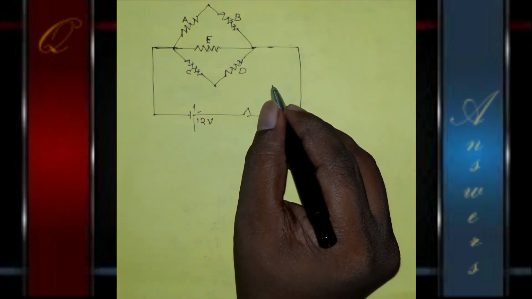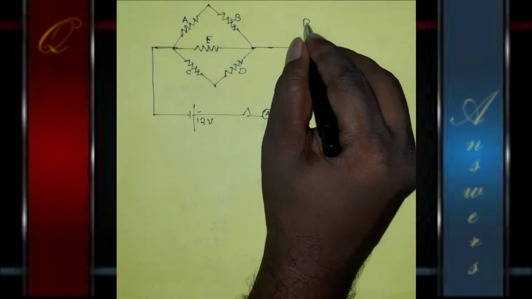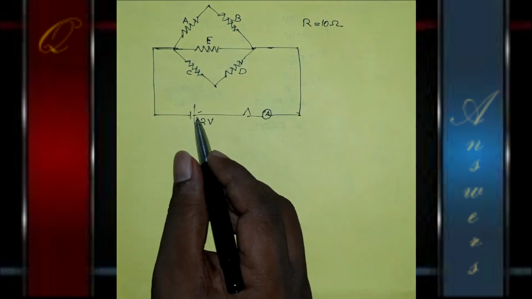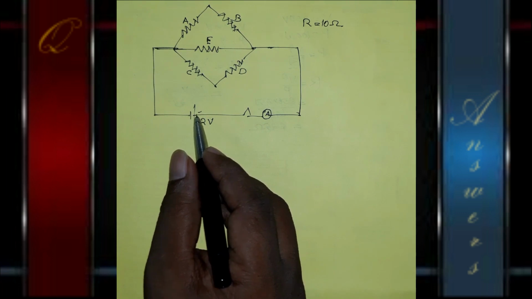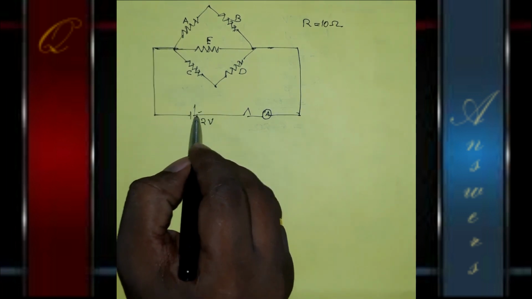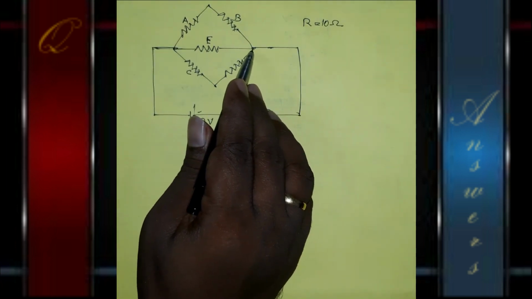We have 5 resistors. Each is having a resistance of 10 ohm, equal resistors. The first question is, what is the effective resistance of the circuit? Now, when the circuit is switched on, the current will be flowing like this. This will be the direction of current flow.